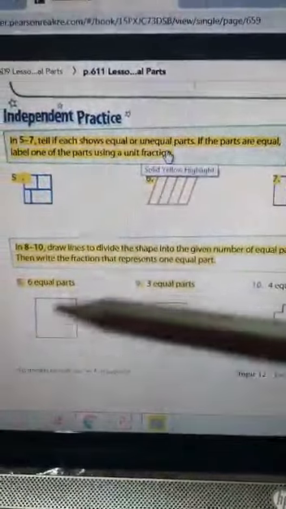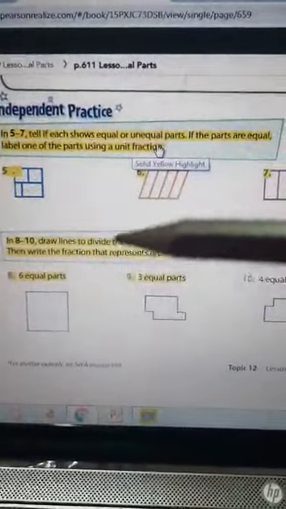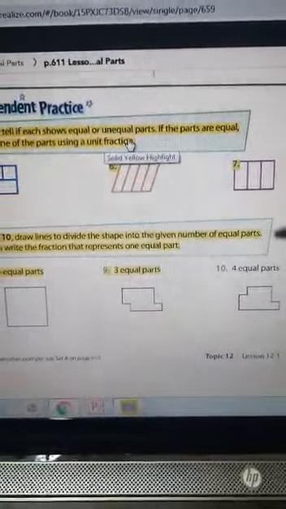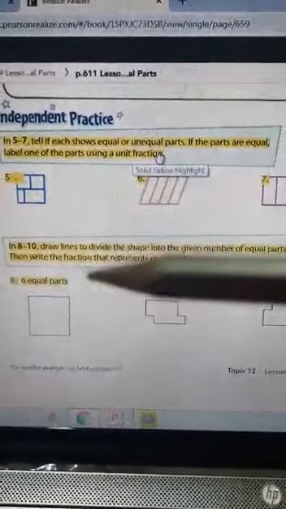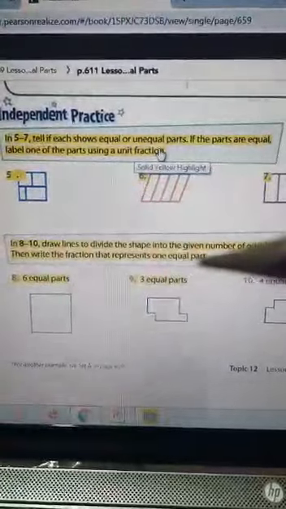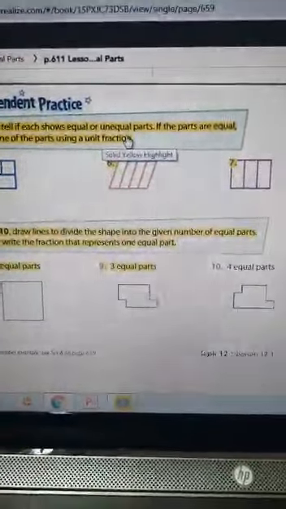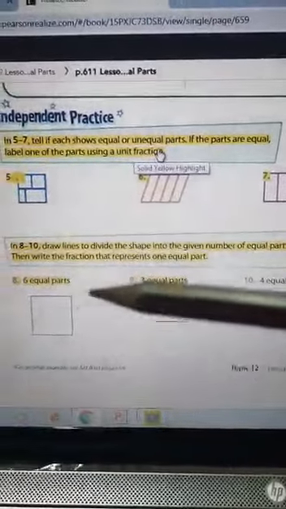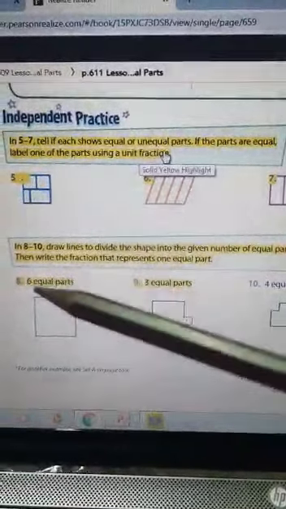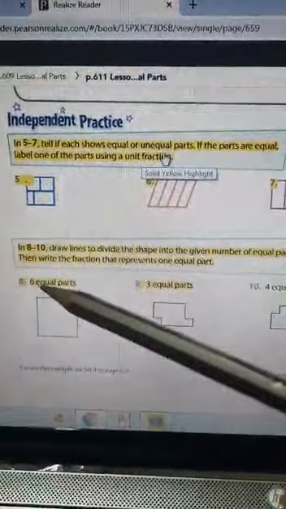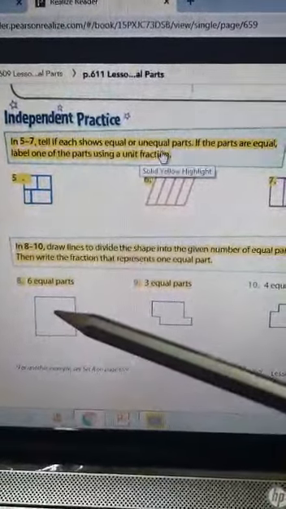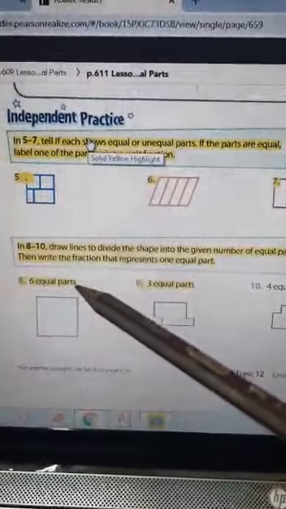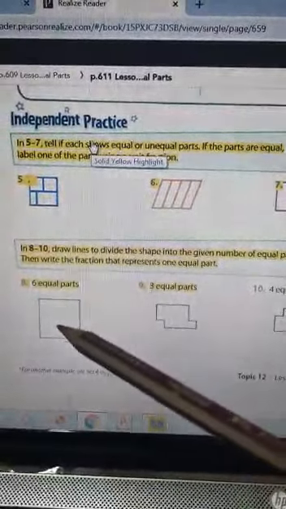Now in 8 to 10, draw lines to divide the shape into the given number of equal parts, then write the fraction that represents one equal part. So what do they want from you? To divide first the shape according to this number. You will not divide it by yourself to any number you want. They put you in number 8 6 equal parts, so you will divide it into 6 equal parts.